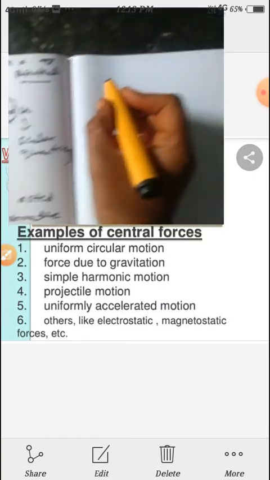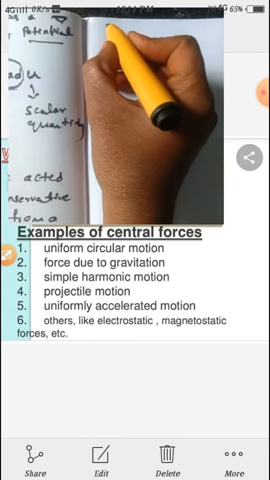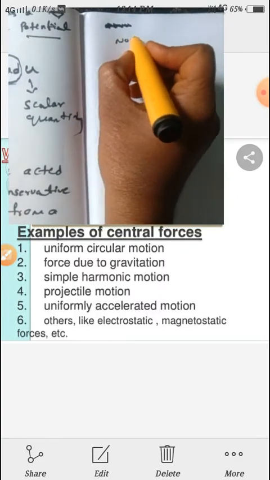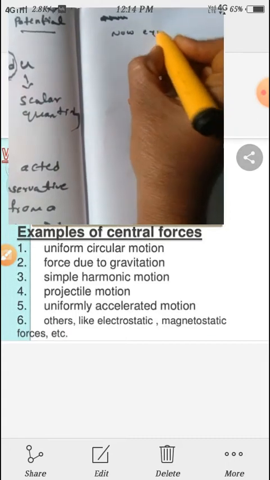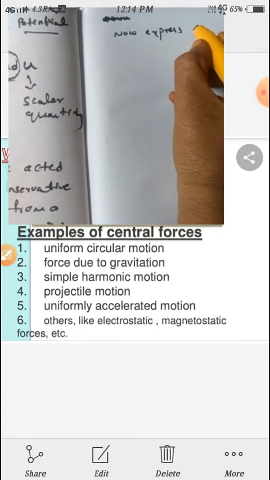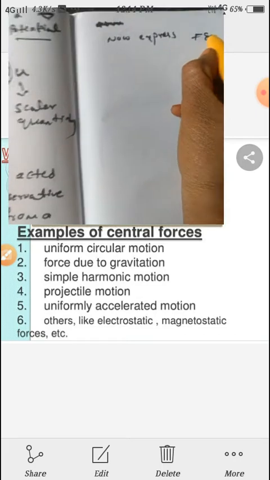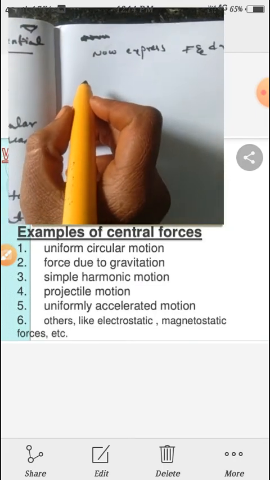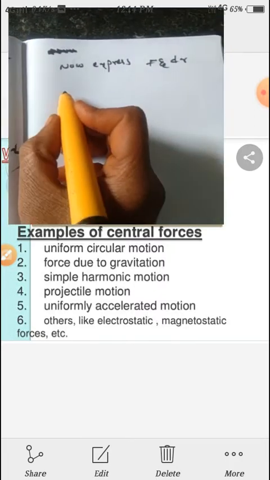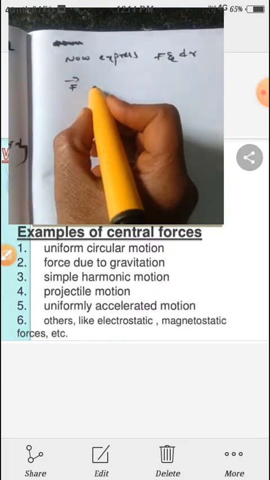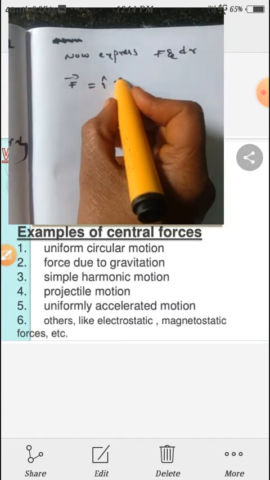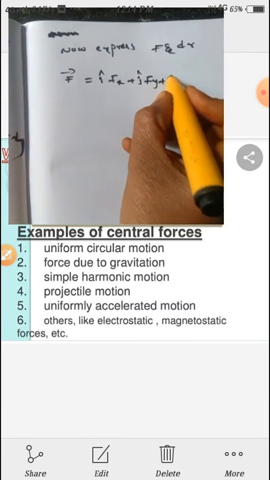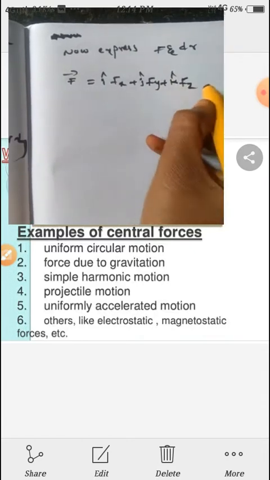Now express F and dr in rectangular coordinates. F equals i cap Fx plus j cap Fy plus k cap Fz.